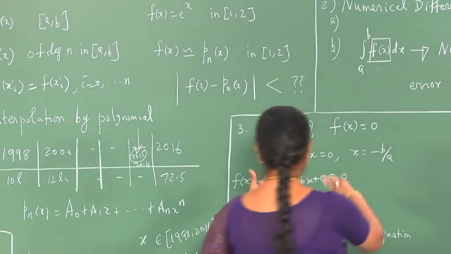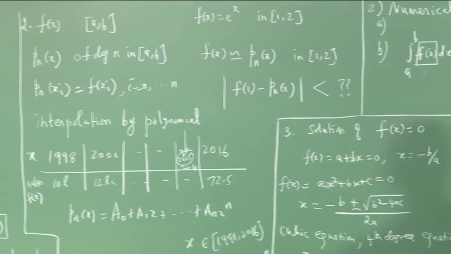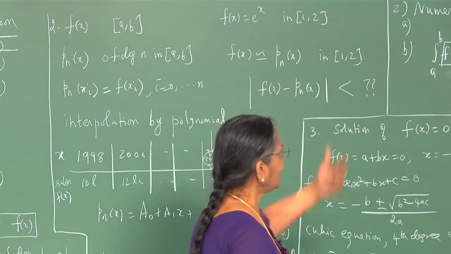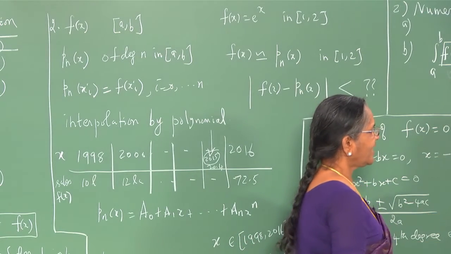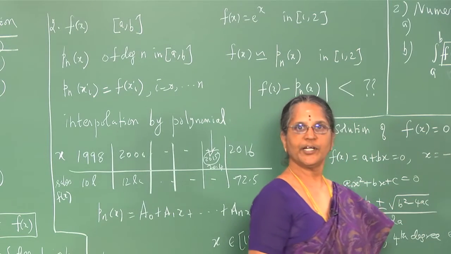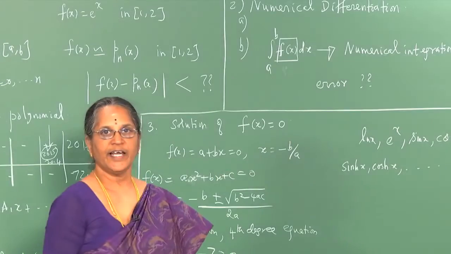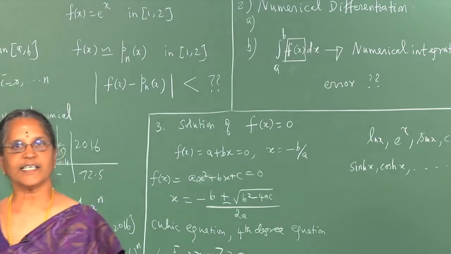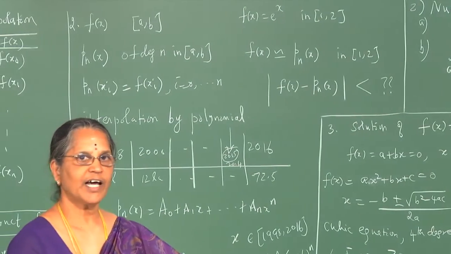And these are algebraic equations, but we may come across equations which involve transcendental functions like log x, e power x, the trigonometric functions, the exponential functions and so on in f of x. Then solving these equations analytically is a formidable task, it is a difficult one.